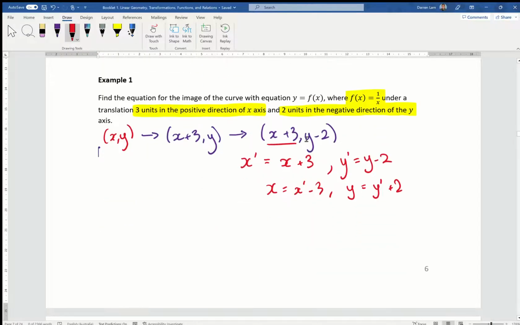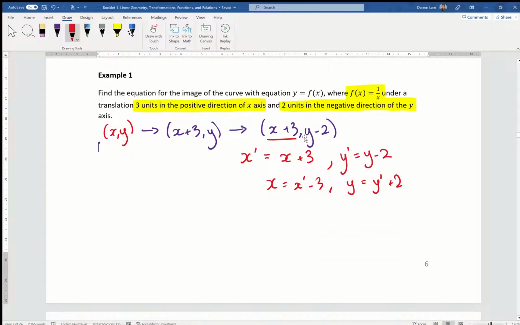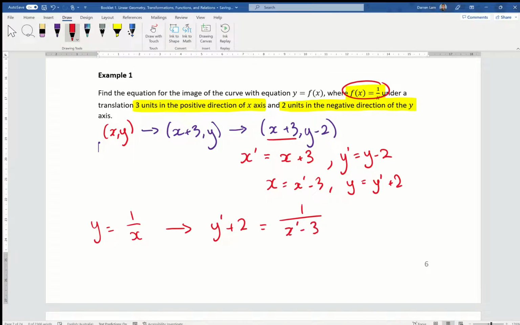Then all we have to do is substitute it back into our original equation. So here is our original equation. We get y equals 1 over x, and that is being mapped to, I'm going to replace y with our y dash plus 2 from earlier, which equals 1 over, and replacing x with our equation from earlier, x dash minus 3.